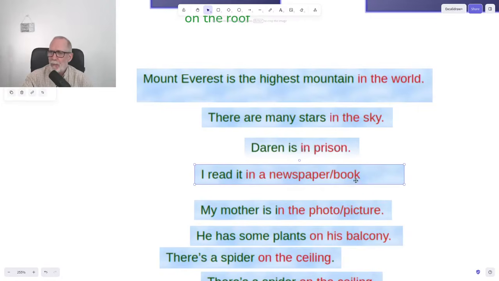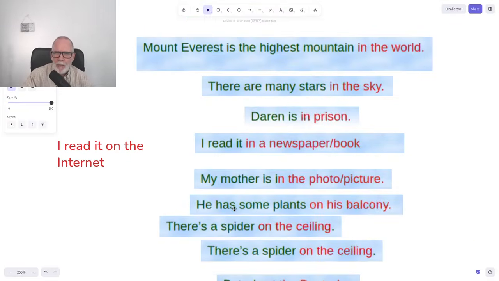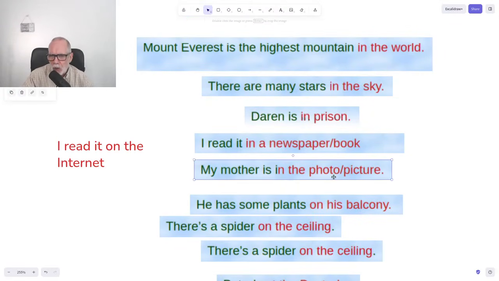We say in a newspaper, in a book, in a magazine. But, maybe I should add this one. I read it on the internet. So if it's on the internet, we say I read it on the internet, not in the internet. My mother is in the photo, or my mother is in the picture.